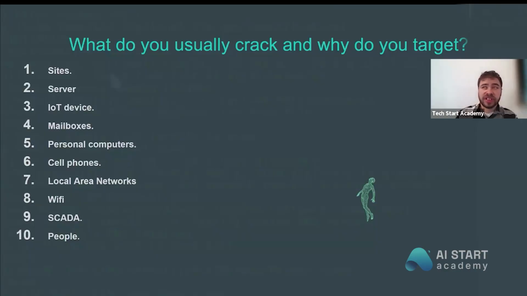Most IoT devices have telnet open, or SSH keys, or default passwords. So when you are buying a smart IoT device, that stuff usually costs like $5-10. It's cheap.